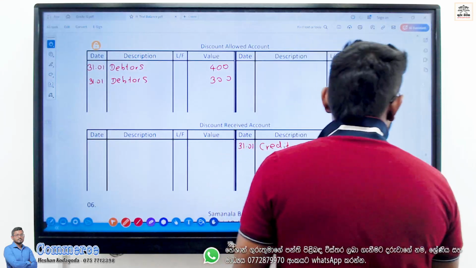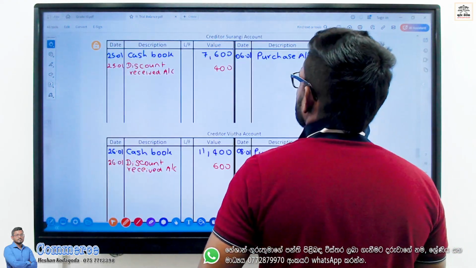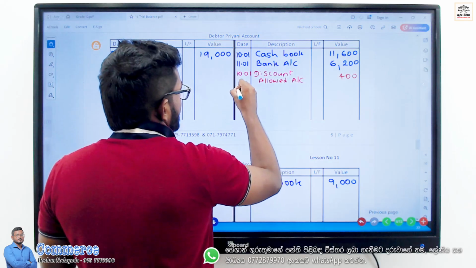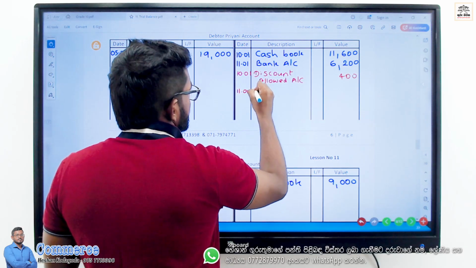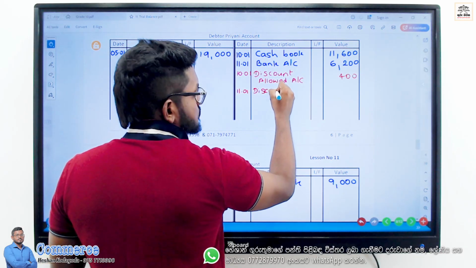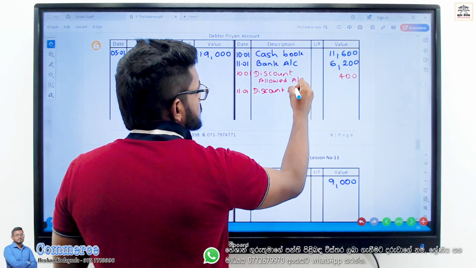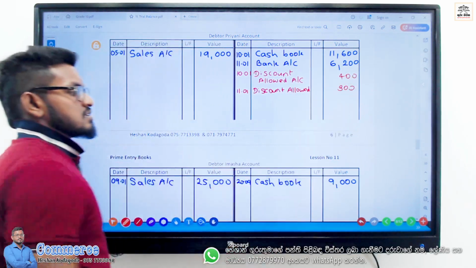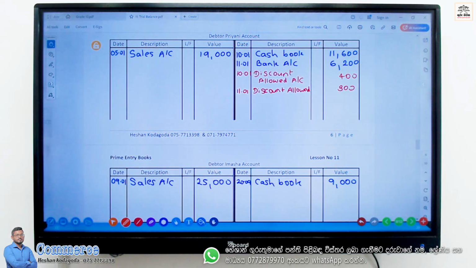Debtor Priyani account credit කරන්නත් එක balance වෙන්නේ නැහැ. 11th of January, discount allowed, 300. Understand? එකත් ලියන්න නැත්තම් balance වෙන්නේ නැහැ.